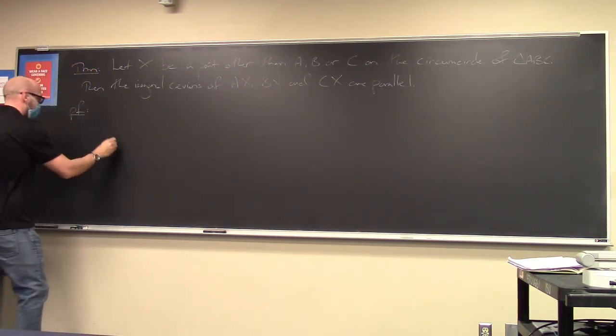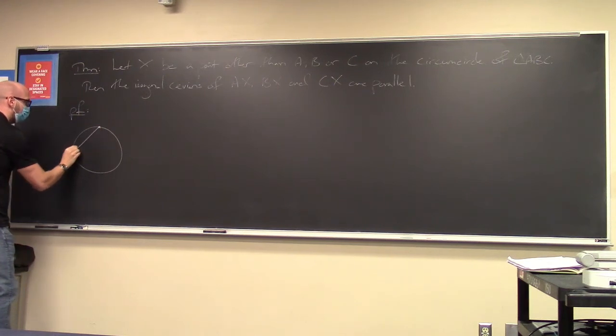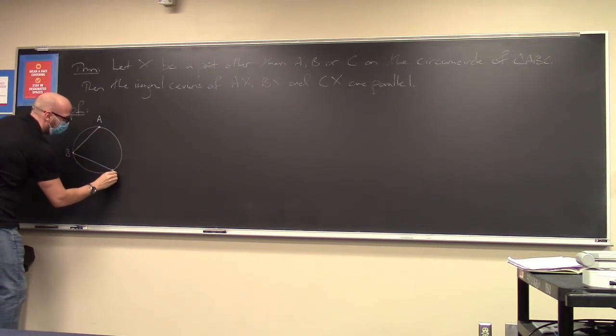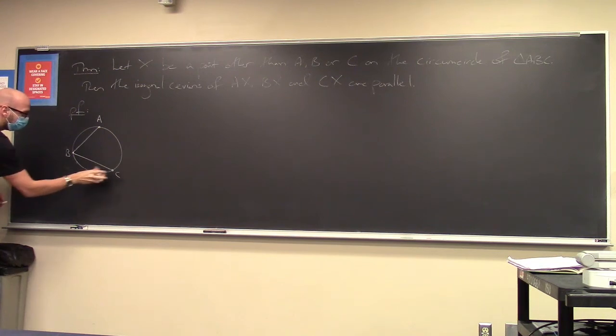So here's what we have. We have a circumcircle of some triangle, A, B, C. Let me actually draw this a bit more straight.